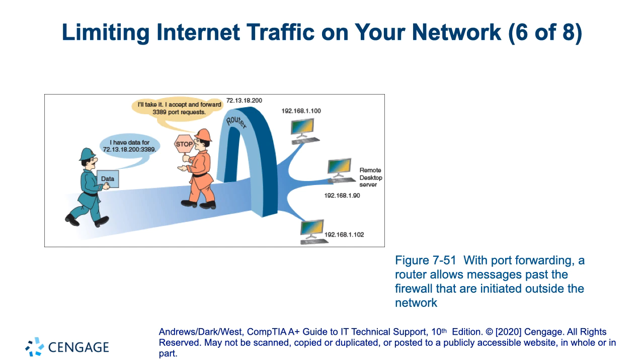So in this situation, the external port on the router has port 3389 set and then mapped to internal port 3389 for the actual internal server, the remote desktop server located at the 192.168.1.90 address.